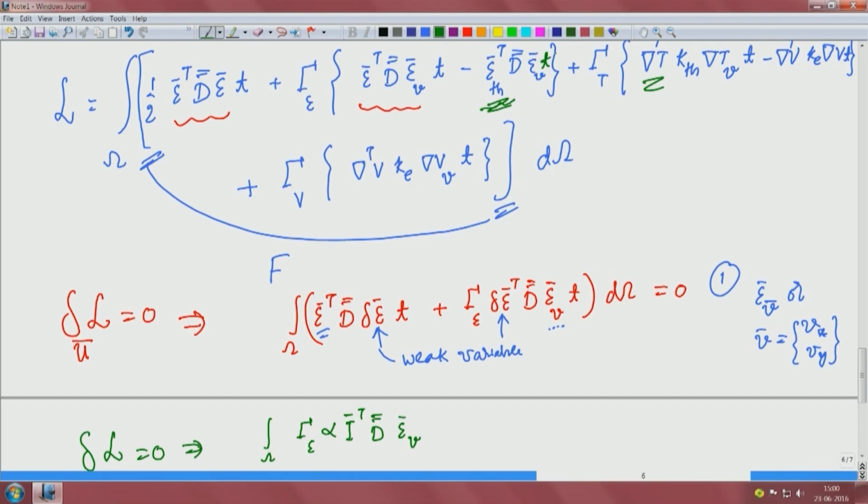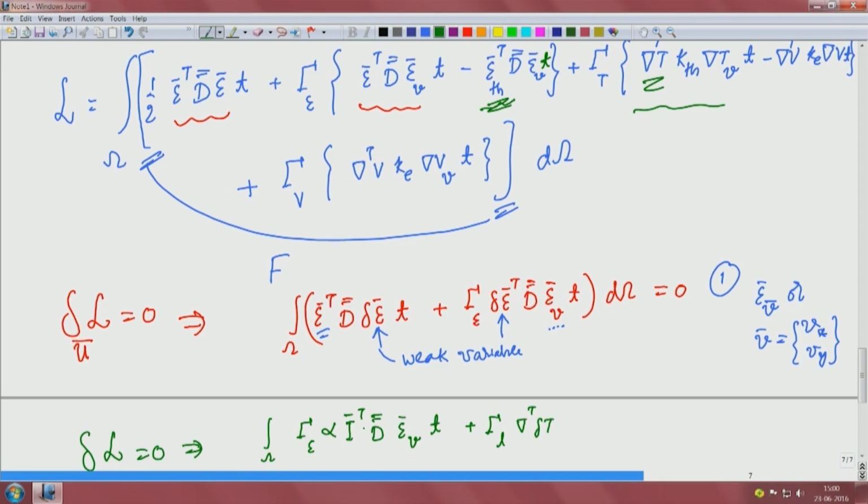So, that we have forgotten there. So, that T will be there, and it is there in the other term also, that will be gamma T and then del transpose delta T. Okay. That is what we will get.